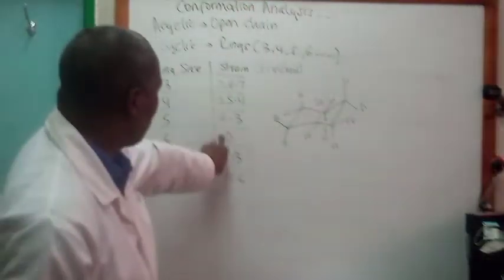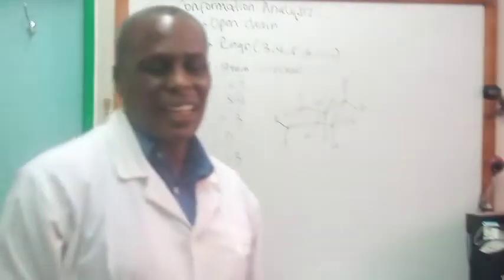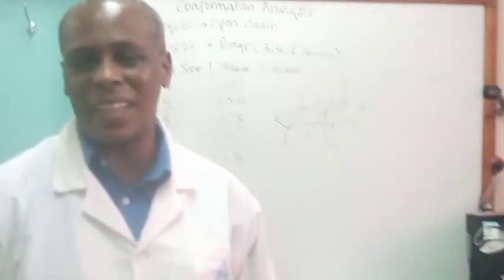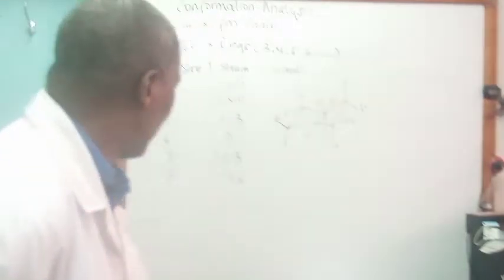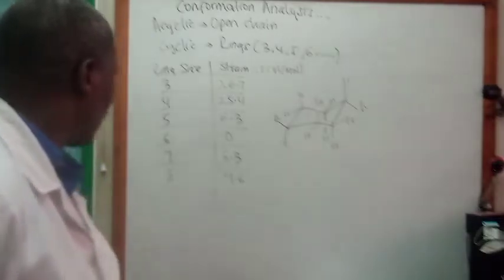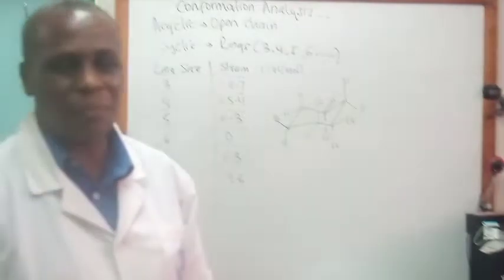So the six-membered ring has got no ring strain, and in nature, six-membered rings are the largest, the highest number of ring sizes you'll ever get. The seven-membered ring and the five-membered ring have almost the same ring strain.